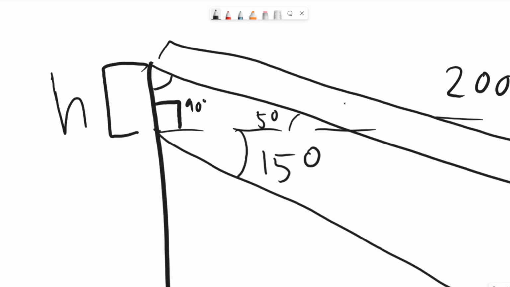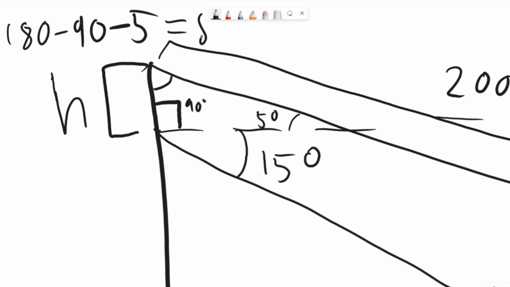And we need to solve for this angle here. Now, solving for this angle is going to require knowing that the sum of all the angles in a triangle should always be 180. We subtract the 90 from the right angle, and then the 5 from this angle. And then this is going to come out to be 85, meaning that this angle up here is 85 degrees.